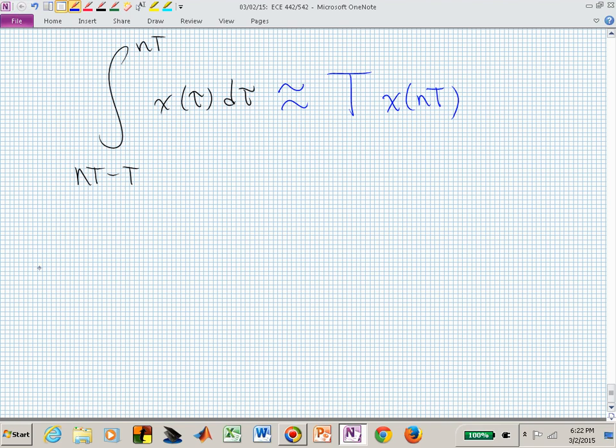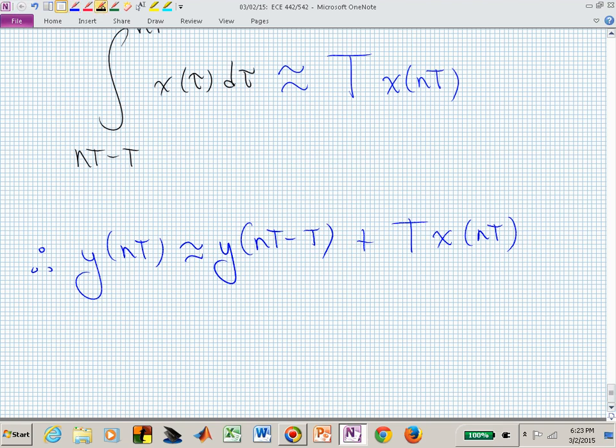This now allows us to write down y of nT as approximately equal to y of nT minus capital T plus this approximation of the integral of that little rectangle, which is capital T x of little nT.